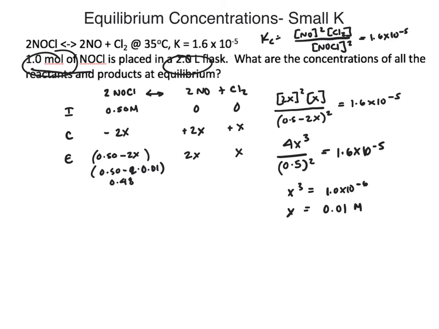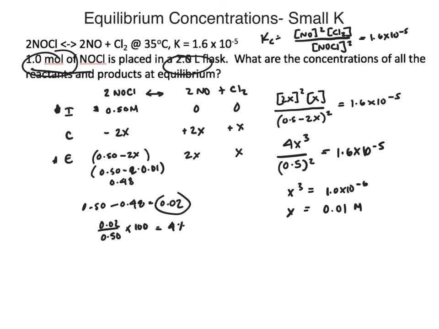Once we've established our equilibrium concentration, we take the difference between our initial concentration and our equilibrium concentration. So it's 0.50 minus 0.48, and that difference is 0.02. We then find what percentage of the initial concentration that represents. So 0.02 divided by 0.50 times 100 gives us 4%.